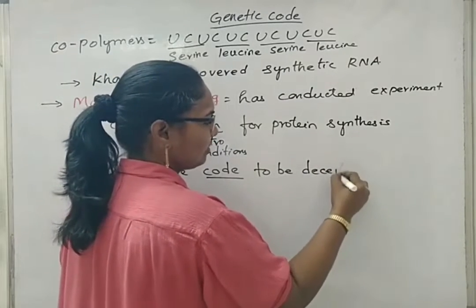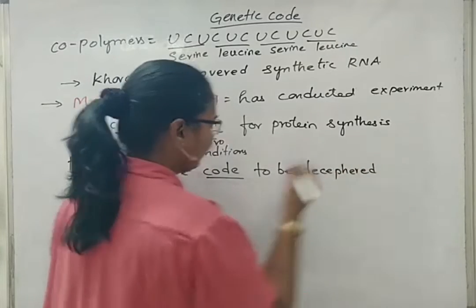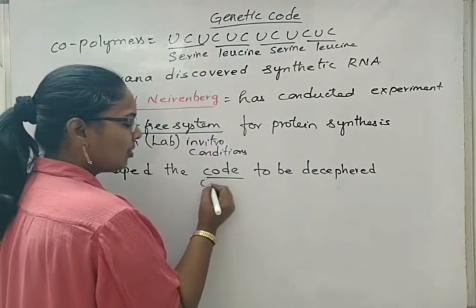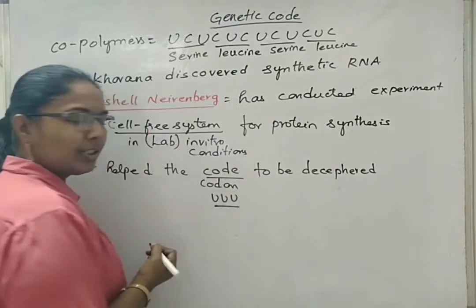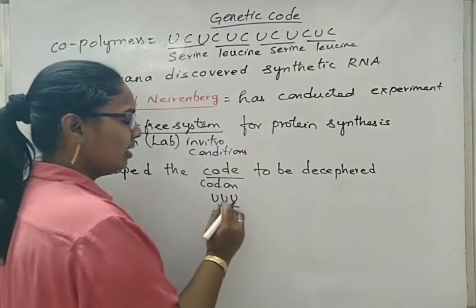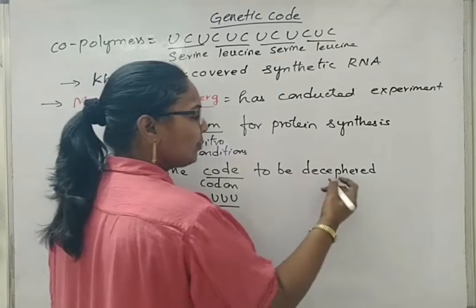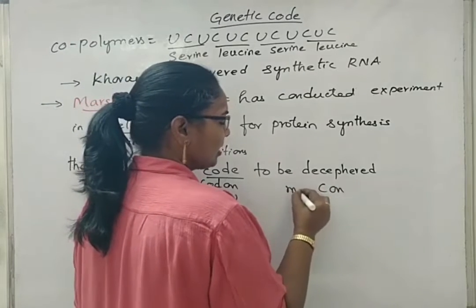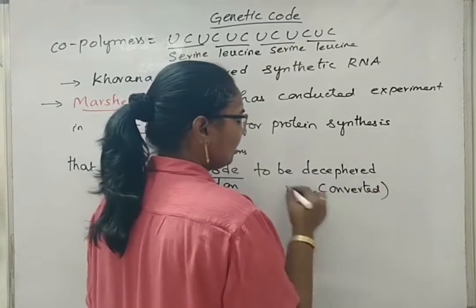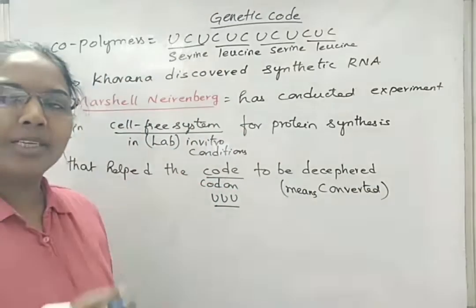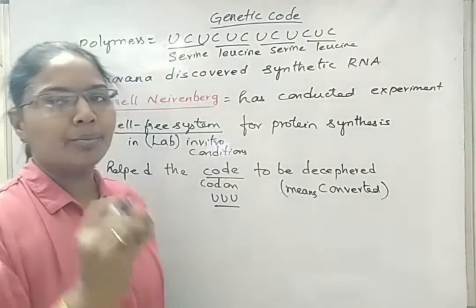Means what is code or codon? For suppose if you take combination of nitrogen bases uracil, it is being converted. So deciphered means converting. Converted from the genetic information pattern to the protein form.